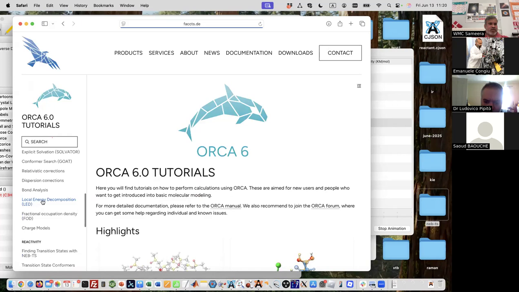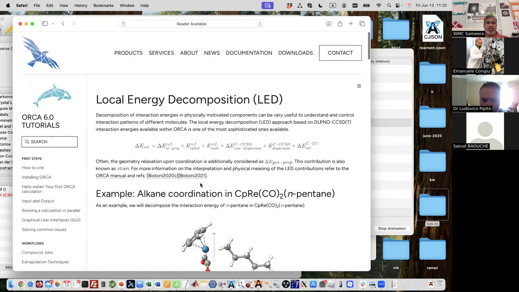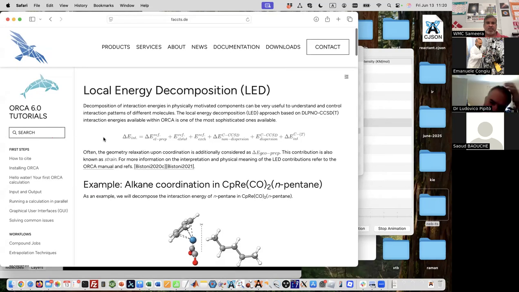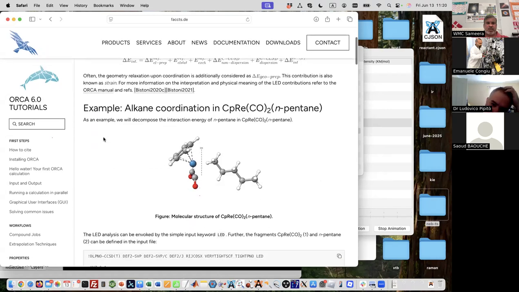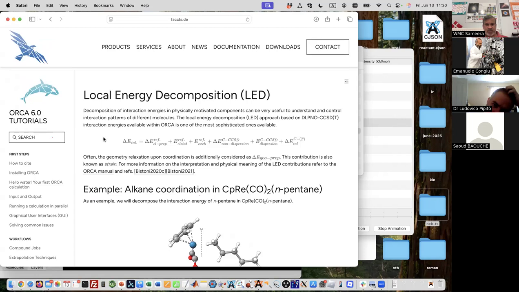Yeah, they have the local energy decomposition. So here you see you can do some detailed analysis as well. I haven't done this for my research problems.